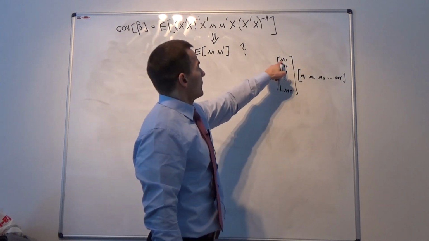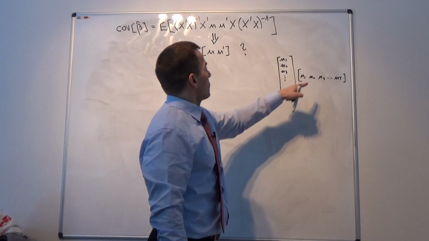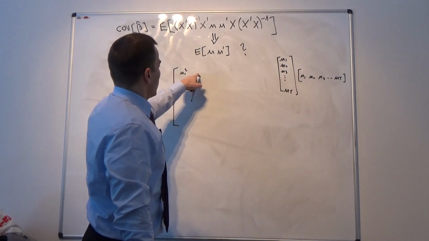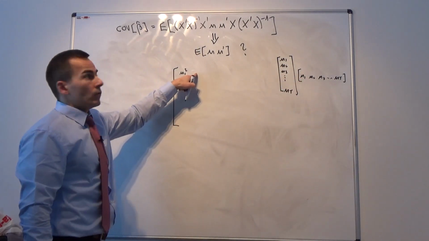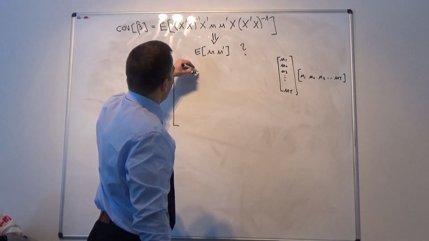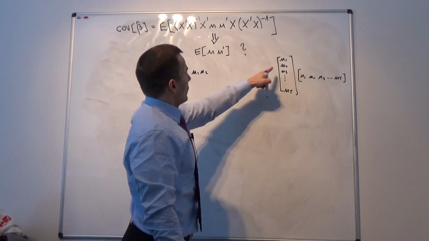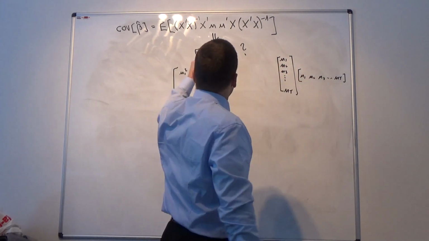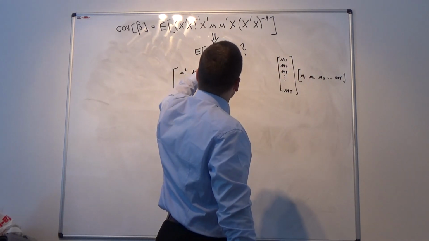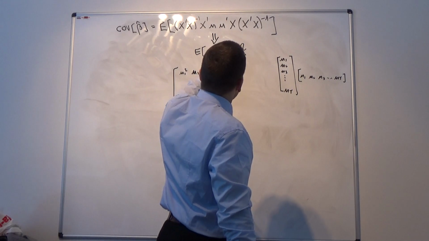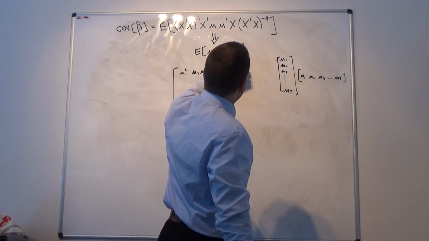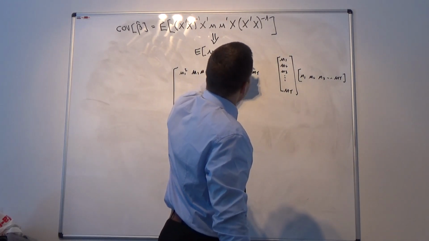Next we multiply the first guy with the second, which becomes the second element in the first row, u1 times u2. Then we have u1 times u3, and so on until u1 times u capital T.